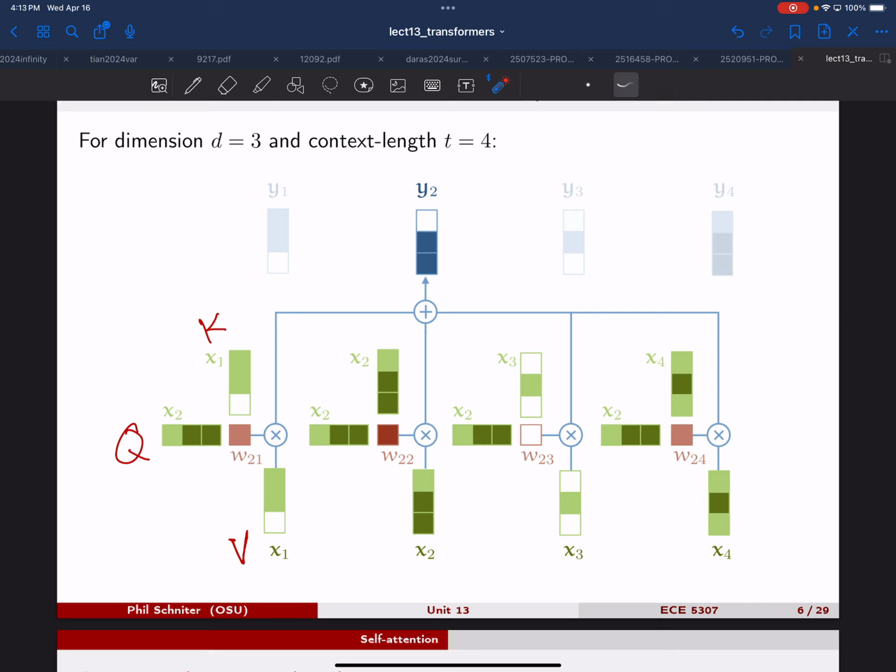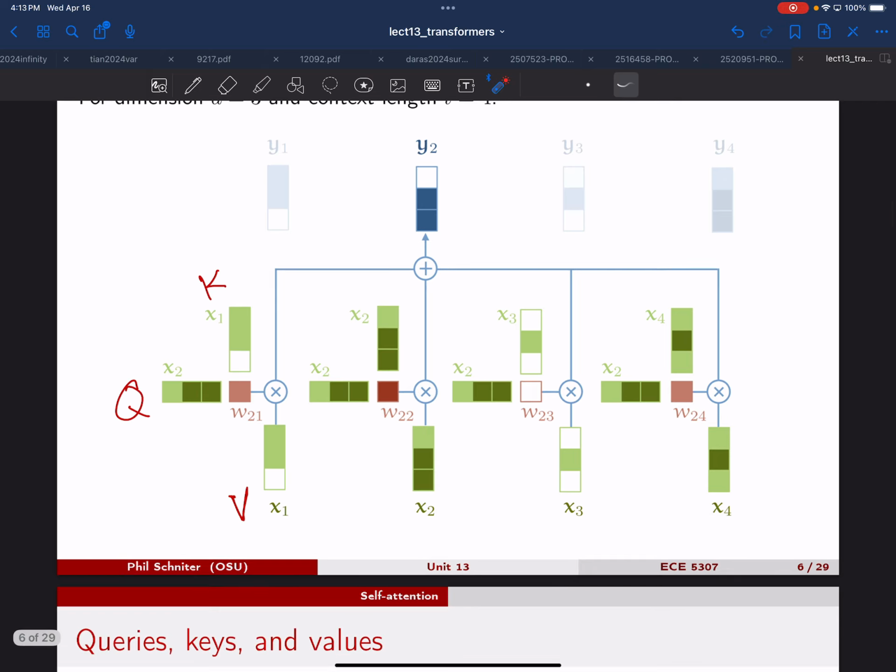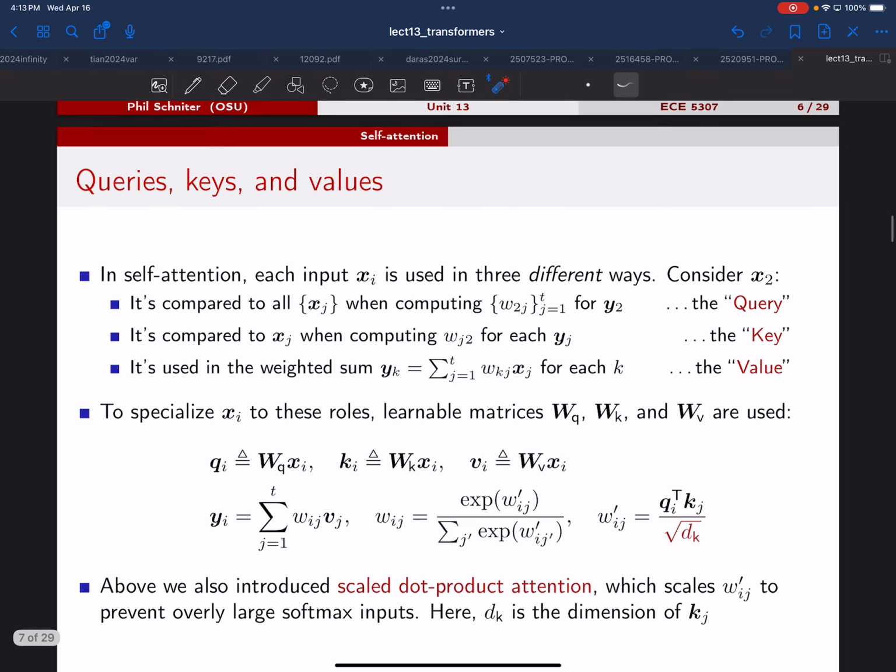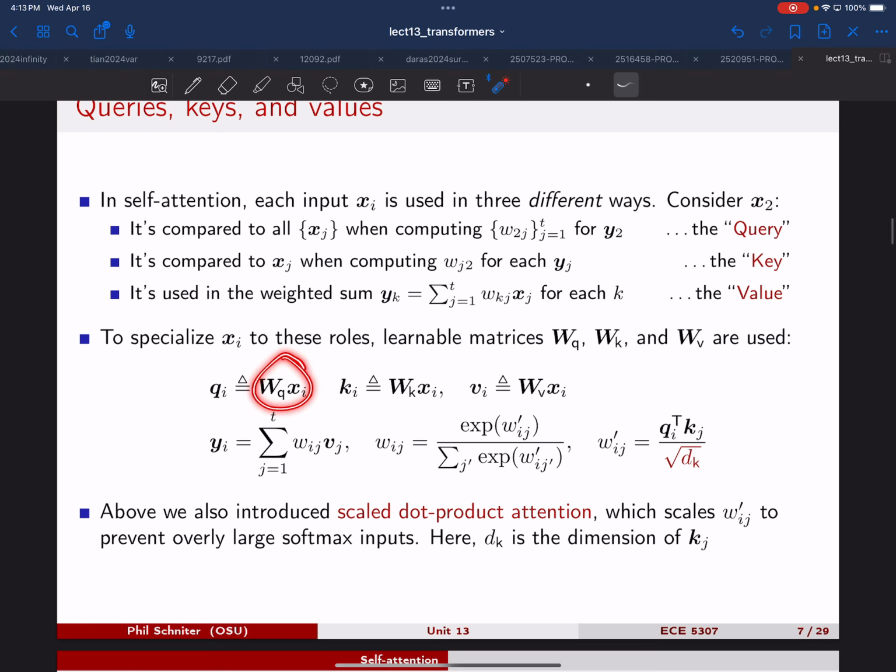Okay, and then what we said is what's actually done is you put a matrix multiply here, here, and here, and you learn those matrices. And so here are those matrix multiplies. And then you have self-attention with a scaling factor to make the softmax work better.